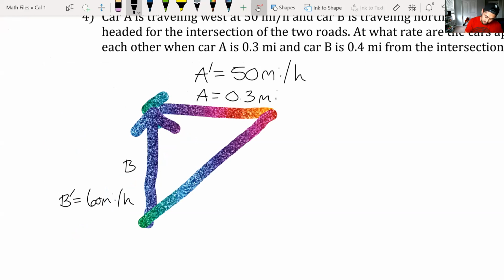And then over here, I'll just rewrite this: B is 0.4 miles from the intersection.